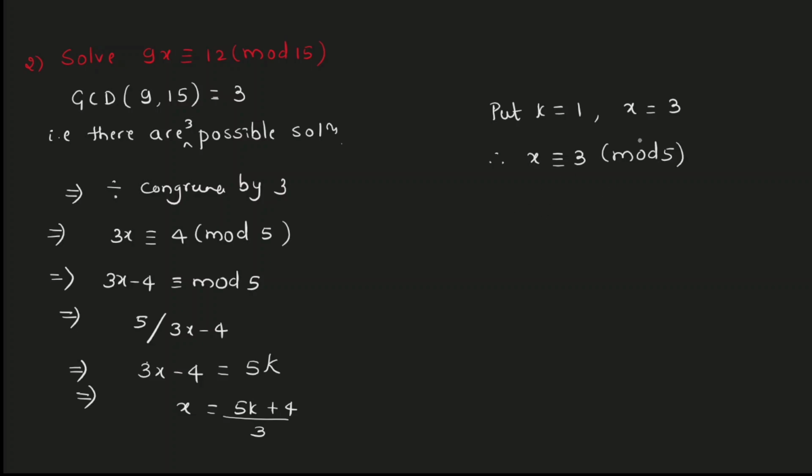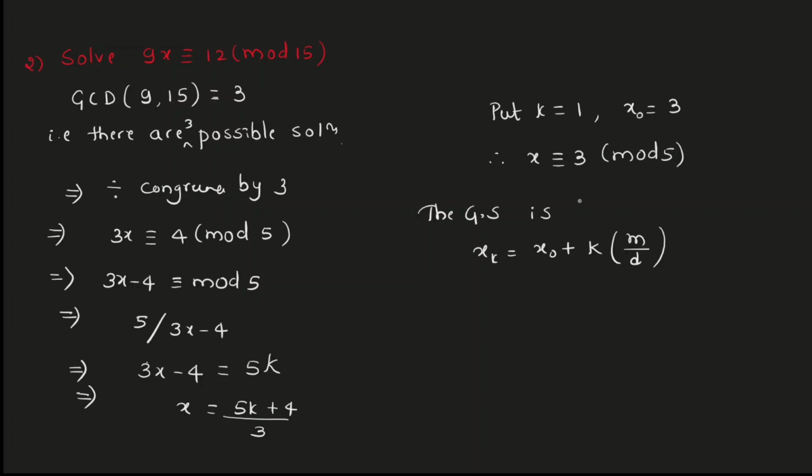So this is your first solution. This is your x naught. Now we need to find the general solution. The general solution is x_k equal to x naught plus k into m divided by d. Finding x naught is by inspection method only.